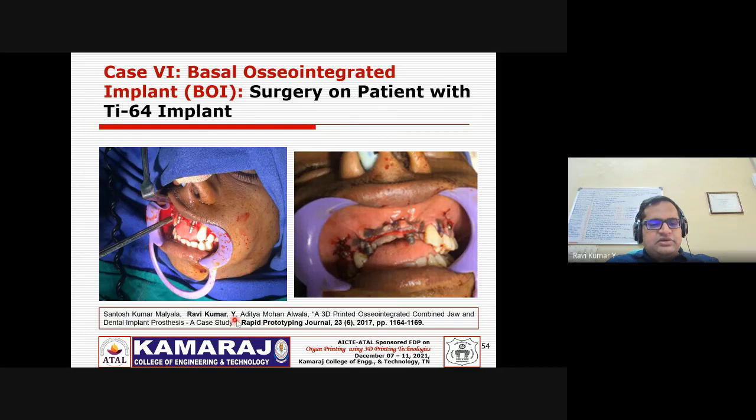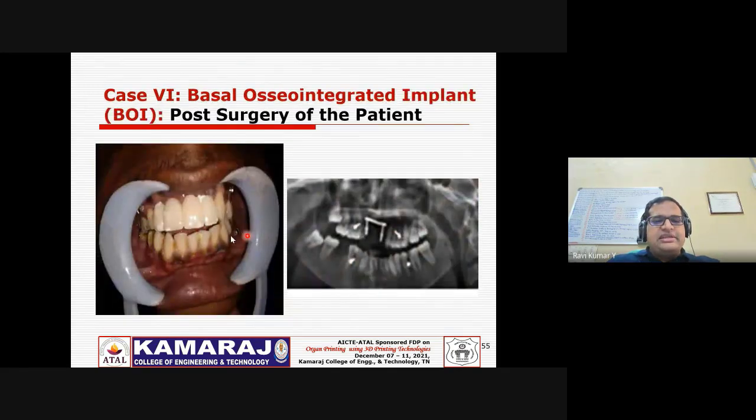This case study we have published in one of the prestigious journals in the 3D printing area, the Rapid Prototyping Journal. If somebody is interested, you can go through this article for further reading. And finally, we can see these 4 teeth, and this is the post-operative image, where the implant has been located in this way and the 4 teeth have been fixed.